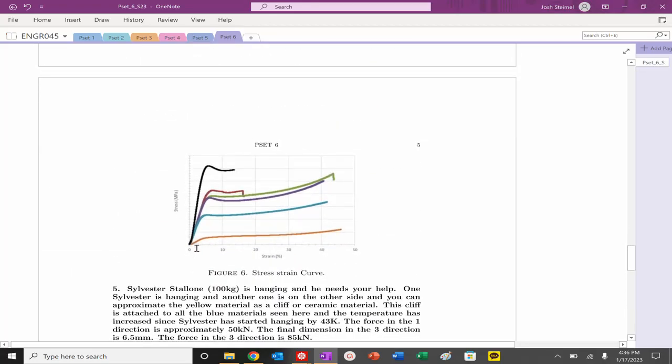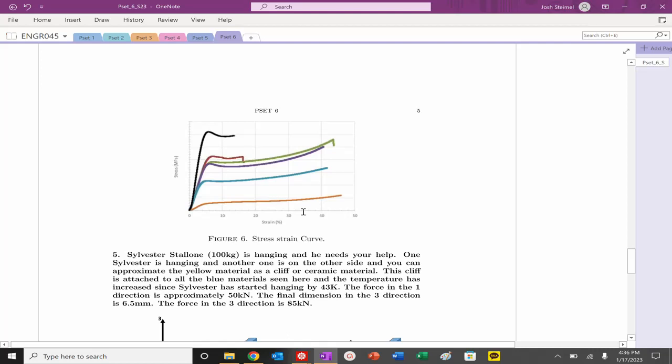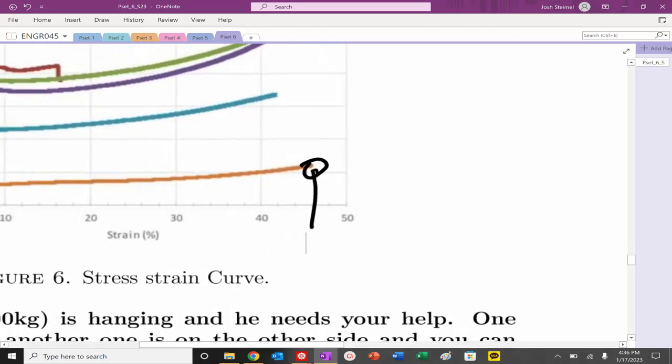So if I'm looking at this orange curve, write out the full stress and strain tensors at the point of failure. So my material fails at a strain value of about, let's call it 0.24. I'm going to zoom in a little bit more.